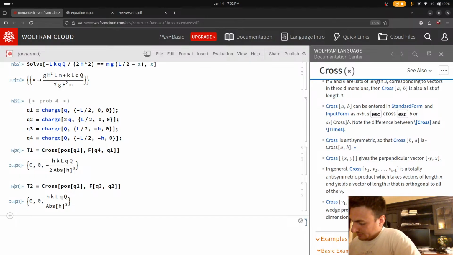R_T is going to be basically from the origin to the point where the tension force acts, and that point is just (x minus L over 2, 0, 0) minus the origin.